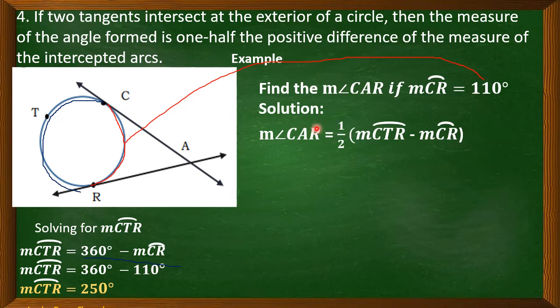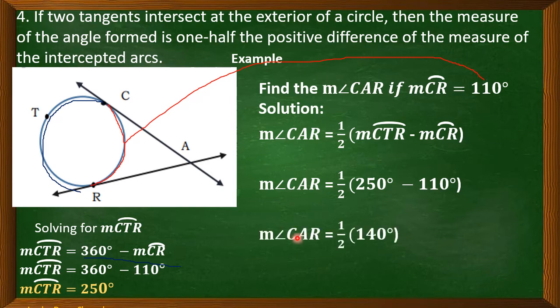So measure of angle CAR is 1/2 the measure of arc CTR minus arc CR. So measure of angle CAR is 1/2. Measure of CTR is 250 degrees, and measure of arc CR is 110.